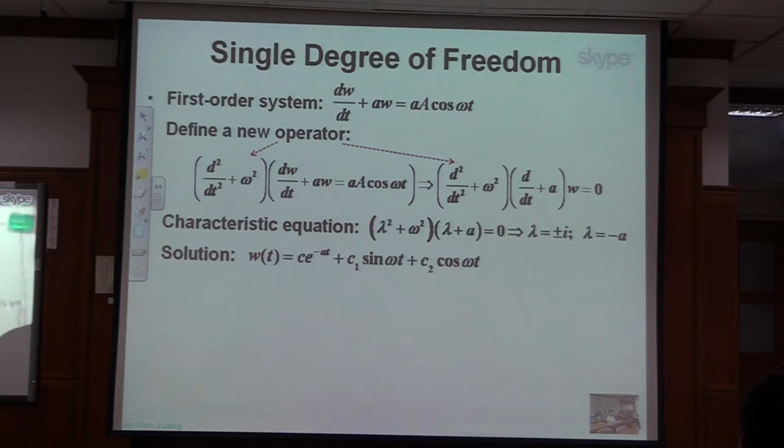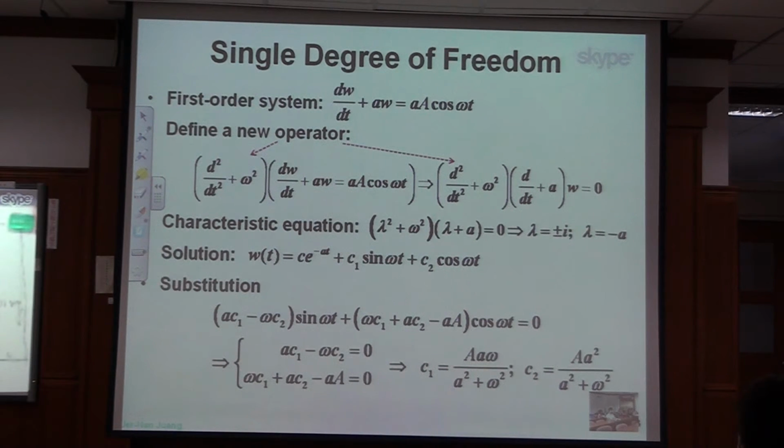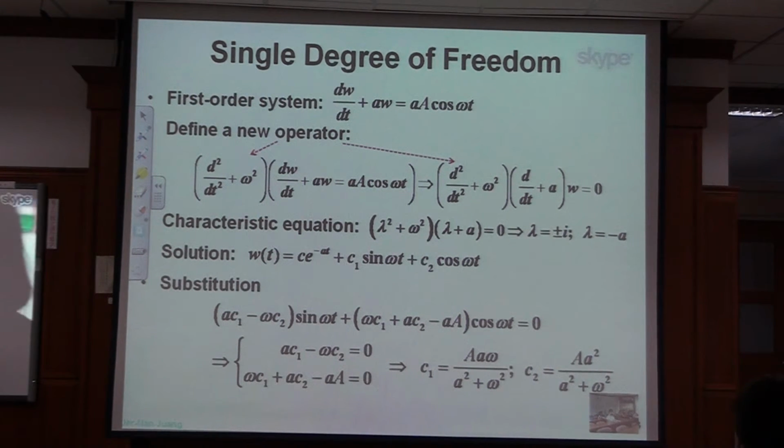That's the solution we get. Because lambda is plus or minus i omega, we can write C1 sine omega t plus C2 cosine omega t. Because lambda equals minus a, you can have C exponential minus at. This is the way to solve differential equations. And then if you substitute this into the original equation, you will be able to find C1 and C2.